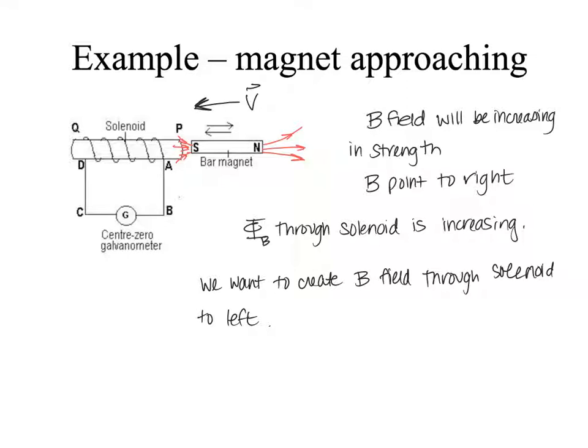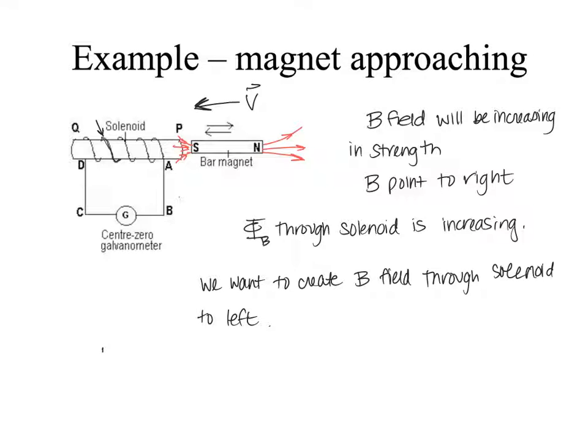And so what I'm going to do is look at one of these turns of the solenoid, and use my right-hand rule to try to figure out which way the magnetic field should go. So the first thing I'll try is if I point my thumb down. I'm looking at one of these turns that comes in the front of the solenoid, and I'm pointing my thumb down and curling my fingers, and I'm looking at what my fingers do behind my thumb, and I see that that would create a magnetic field to the right.